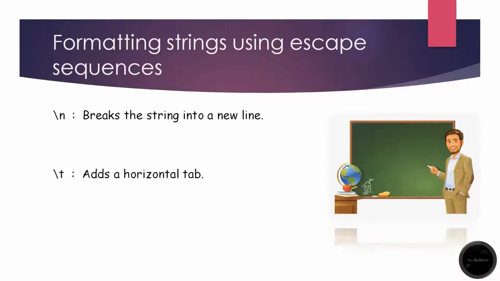Then we have the slash t. It adds a horizontal tab, which means if you write any line, and then in the next line you again write some line, and if you want to join them, then you use the slash t. We will tell you about this in the implementation part. Next, we have the double slash. This is used to print a backslash.